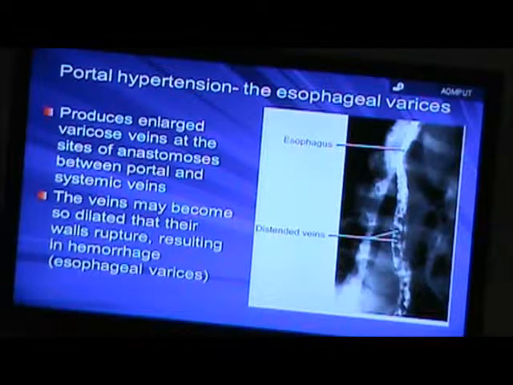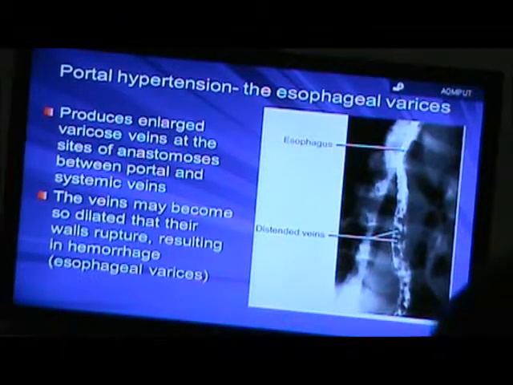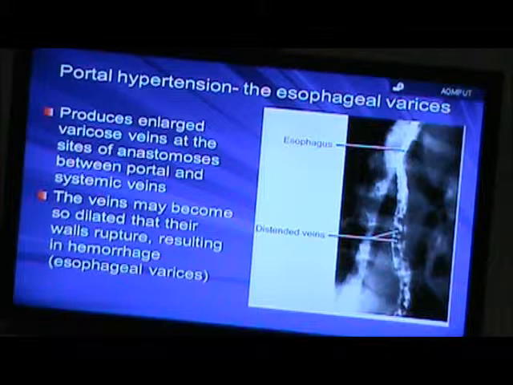So they produce enlarged varicose veins at the sites of anastomosis between the portal and systemic veins. The veins may become so dilated that their walls rupture, so we have a hemorrhage from the esophageal varices.